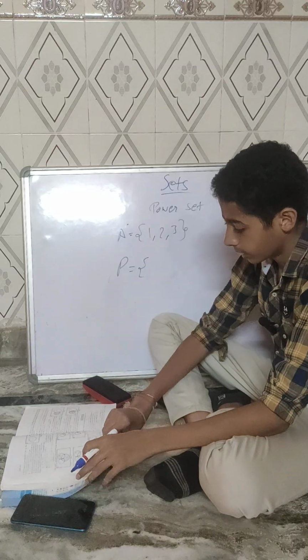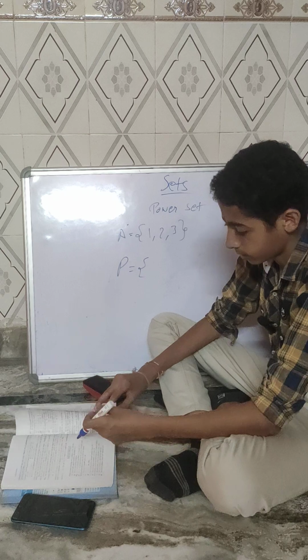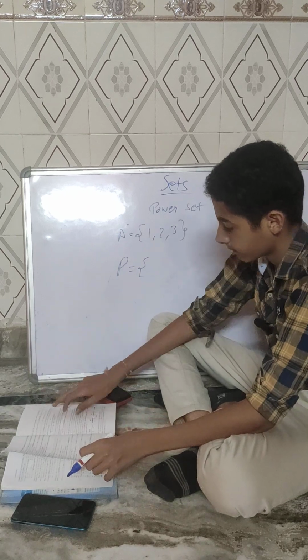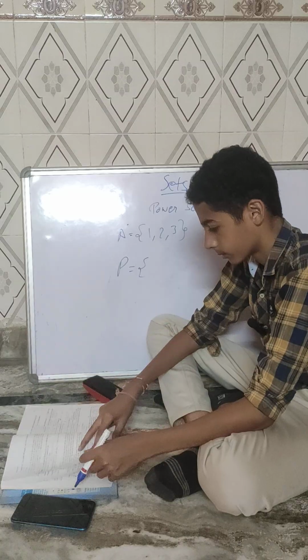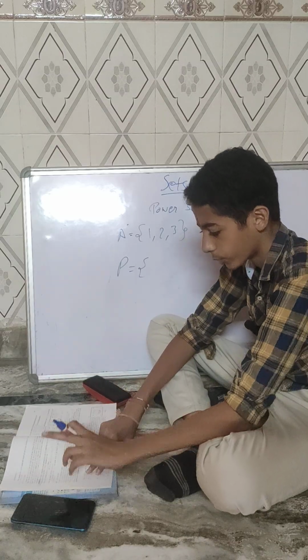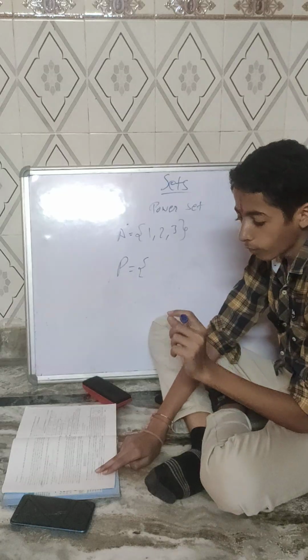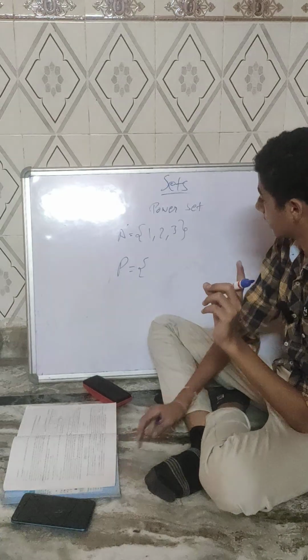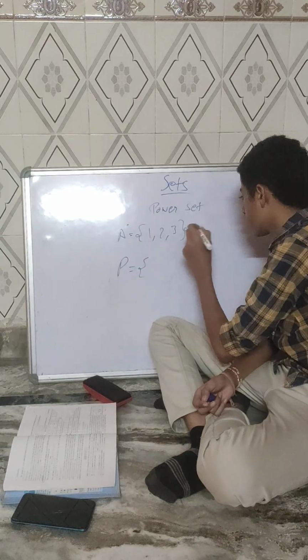On page number 12 of the old book, there is the definition given: the collection of all subsets of a set A is called the power set.